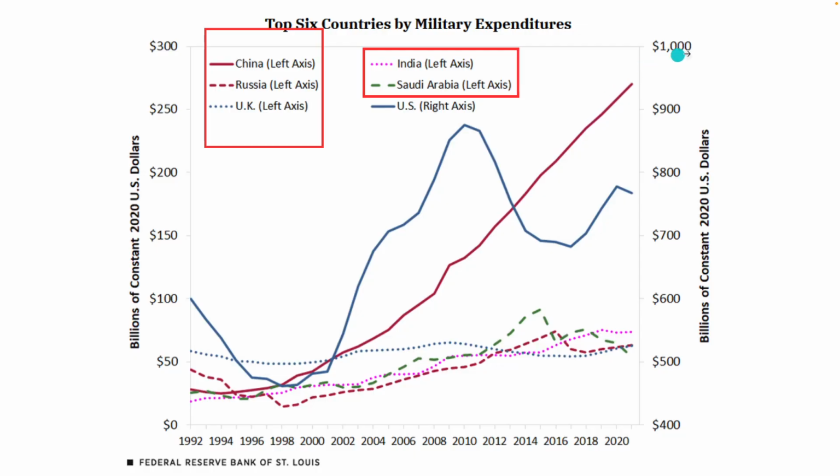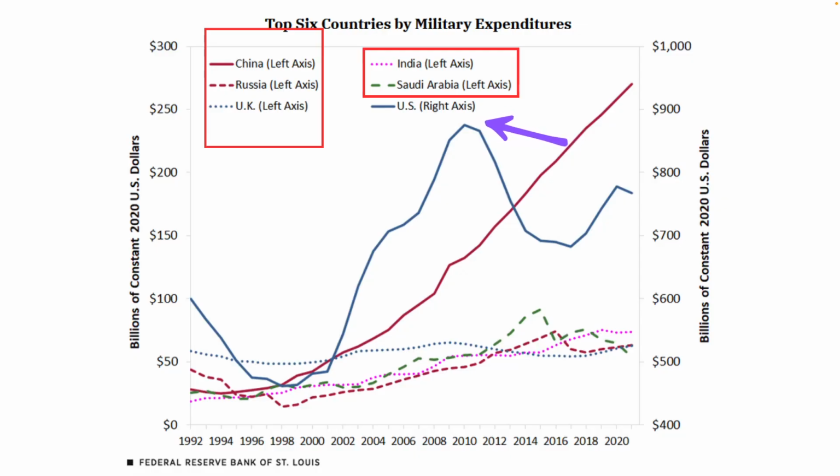So looking at this, there's something that should stand out to you. See that right there? What is it that I'm talking about? If you look at each country except for the United States, China, Russia, UK, India, and Saudi Arabia, they are all on the left axis.